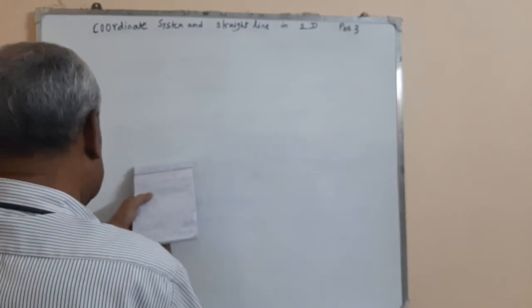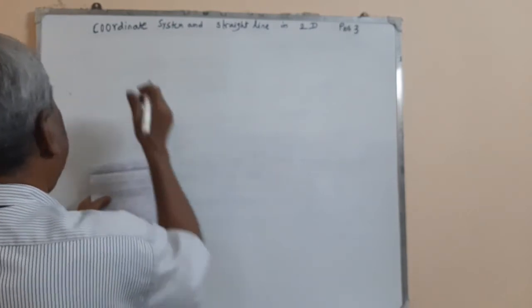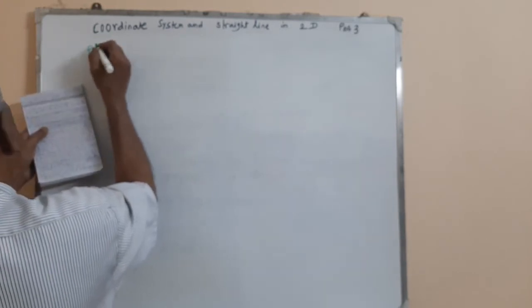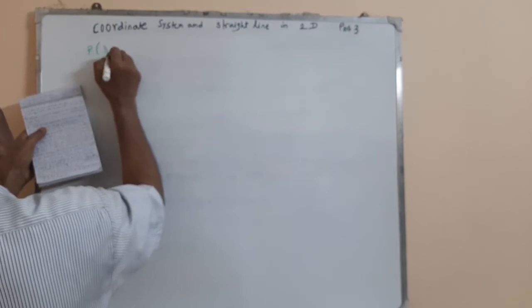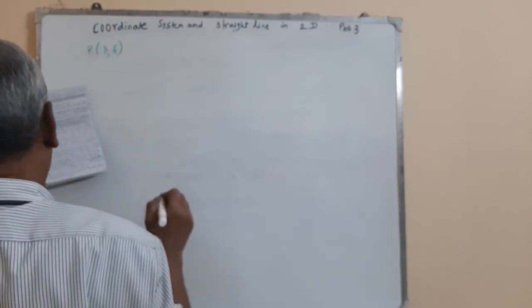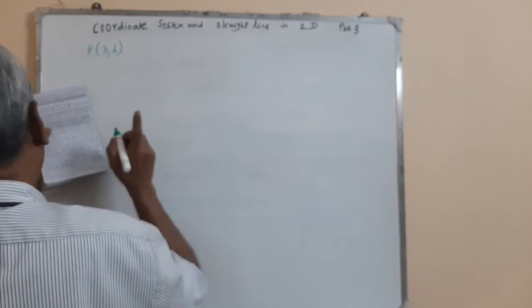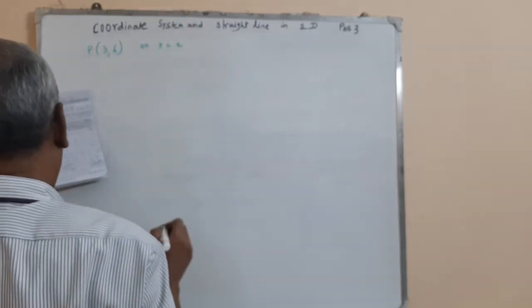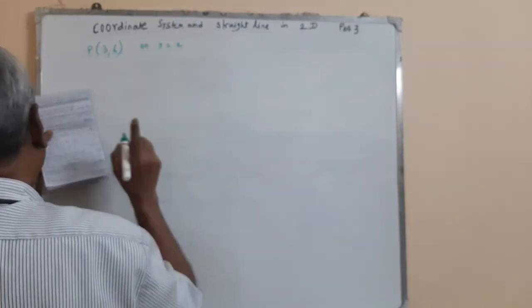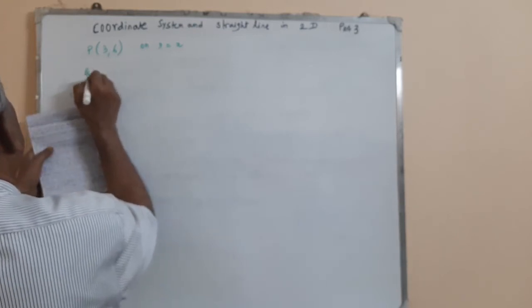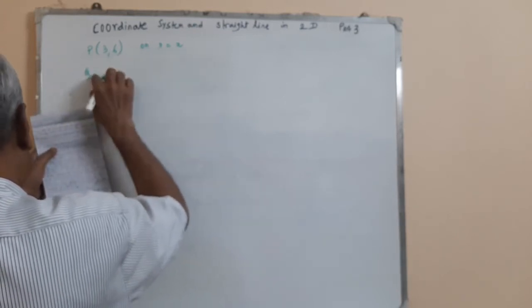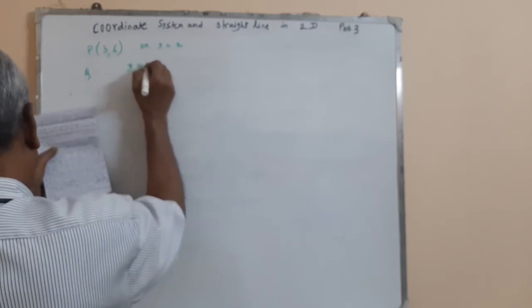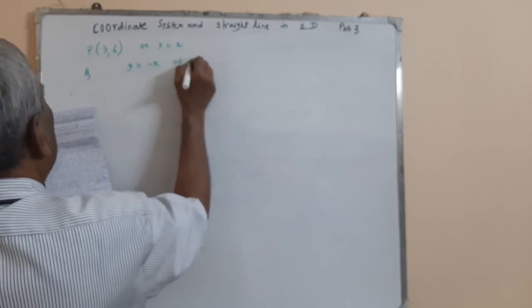Next: P(3, 6) is a fixed point, reflected on y is equal to x. Then its image point Q is reflected on y is equal to minus x at Q dash.